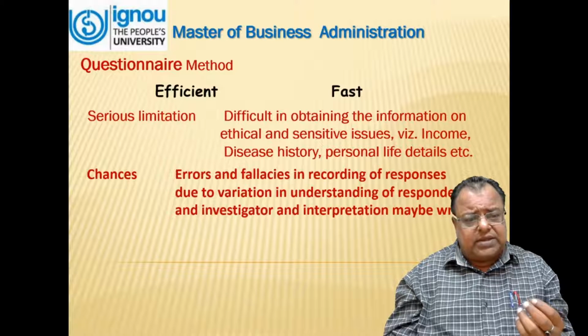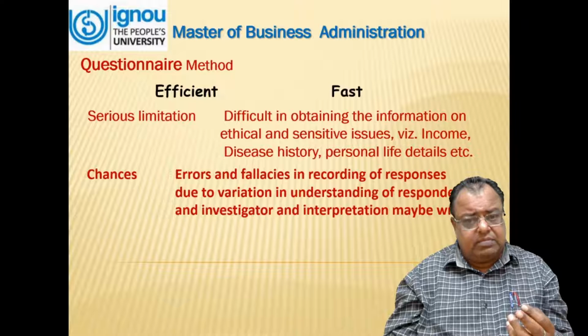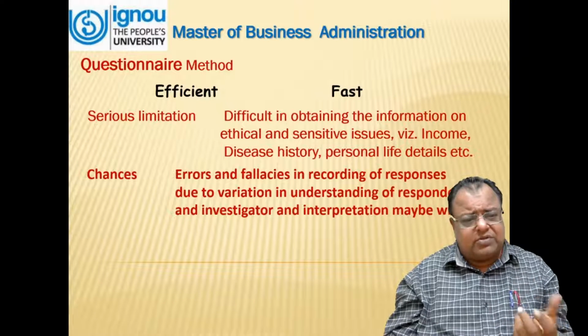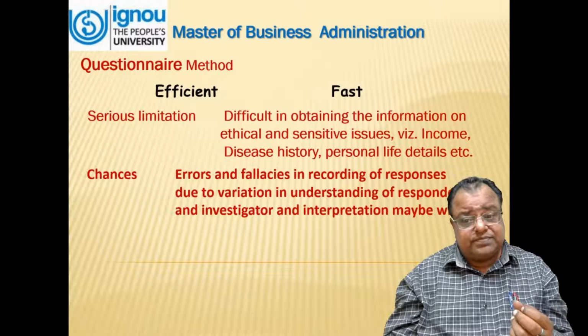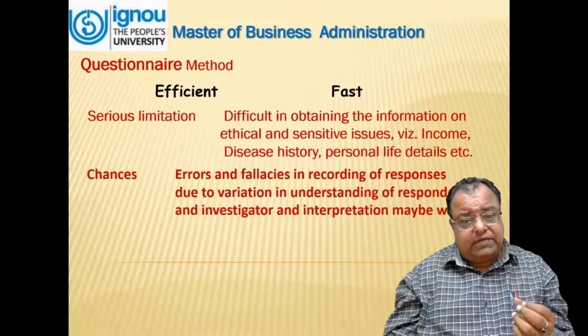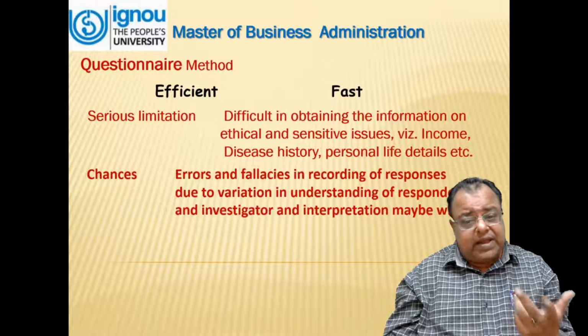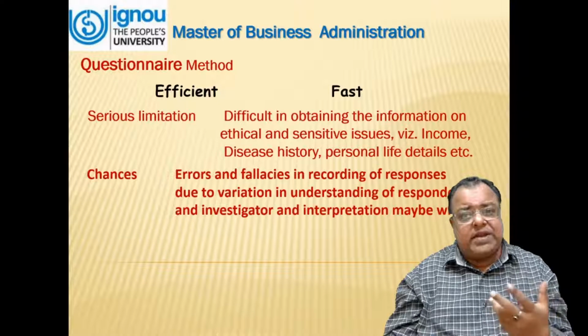Questionnaire method is an efficient method, and it can be said that it is fast also, but it has limitations. It is difficult to obtain information on ethical and sensitive issues. For example, income, disease history, personal life details.